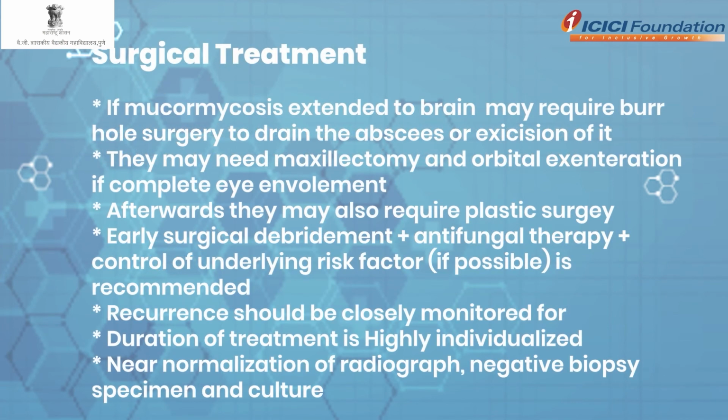Resection of infected parts of the lung if infected. If mucormycosis extends to the brain, there is a requirement of burr hole surgery or abscess drainage or excision or debridement of the affected part. They may need maxillectomy or orbital exenteration if there is extensive spread to the eye. Afterward, they may require plastic surgery also because of disfigurement of the face.